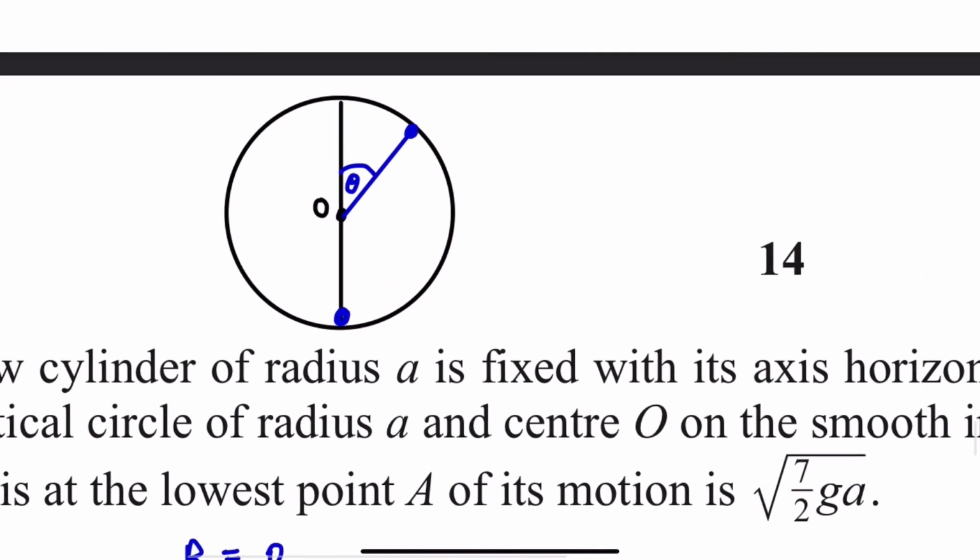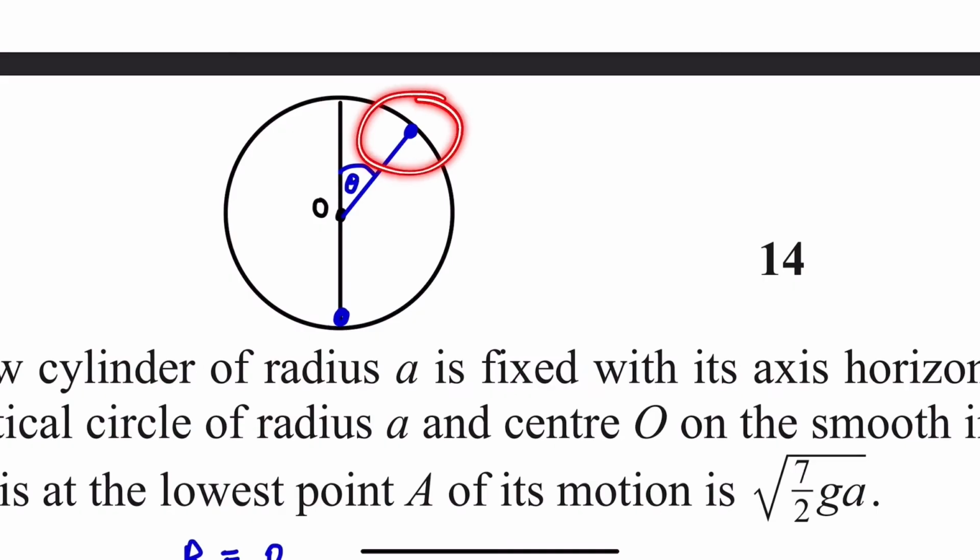So let's look at this situation first. Here we have the force of the weight, which is mg, and nothing else. We don't have contact force, we don't have anything. So now we need to resolve the weight in the direction towards the center of circle and 90 degrees to the center of circle.